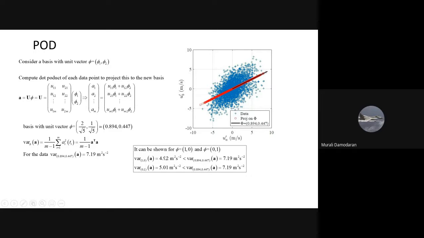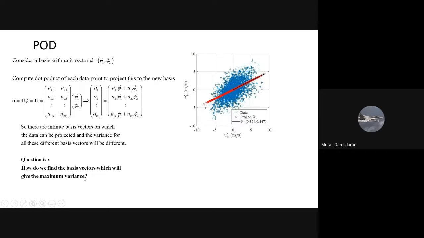And if you look at the variance along the natural basis, that is 4.92, and the other one is 5.01, so it's less than this. So somewhere along this, you can find a line where the energy, so the variance, will be large.